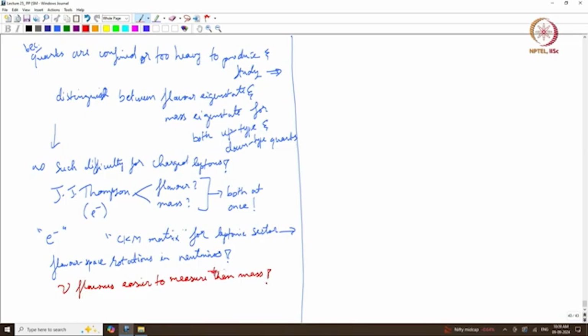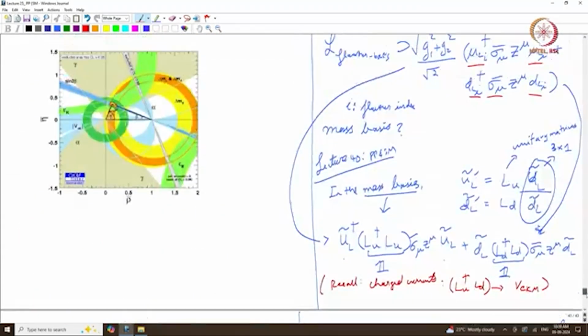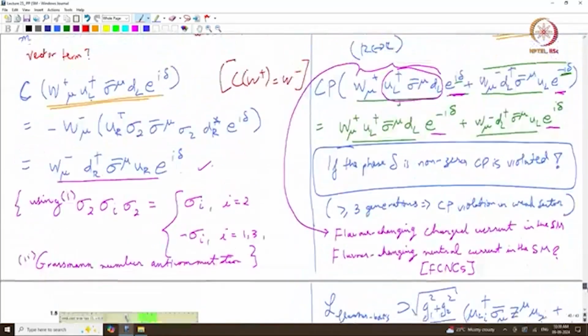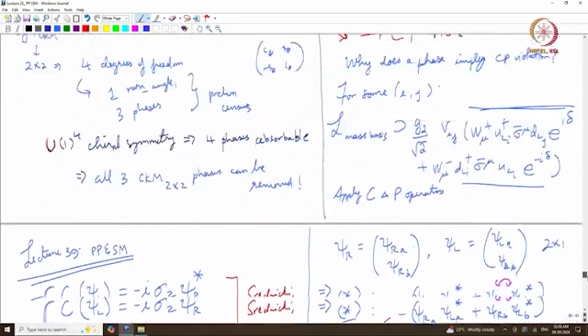We will see how masses are measured, and we will indeed see that it is in the flavor or interaction eigenstate that we see the neutrinos all the time. Now, let me bookend this discussion by showing you what we mean by all this. Let me just show you the quark sector one more time. Let us go to a doubly boson interaction.